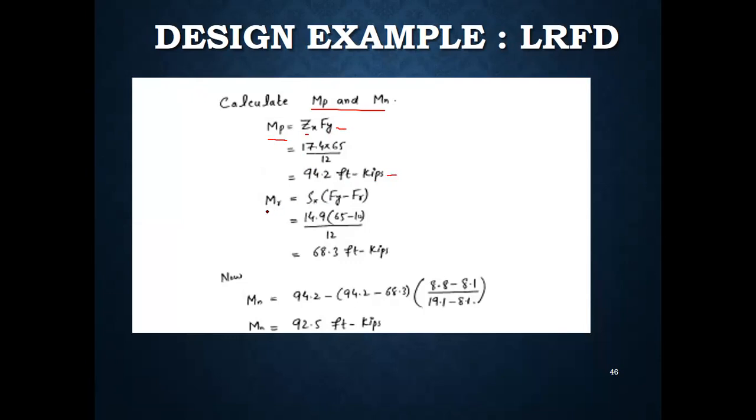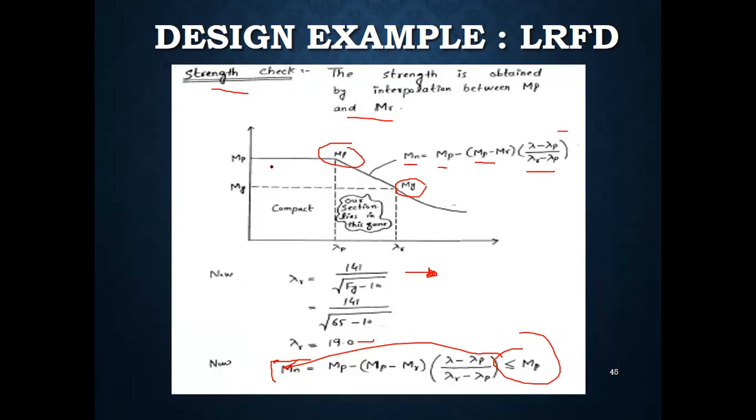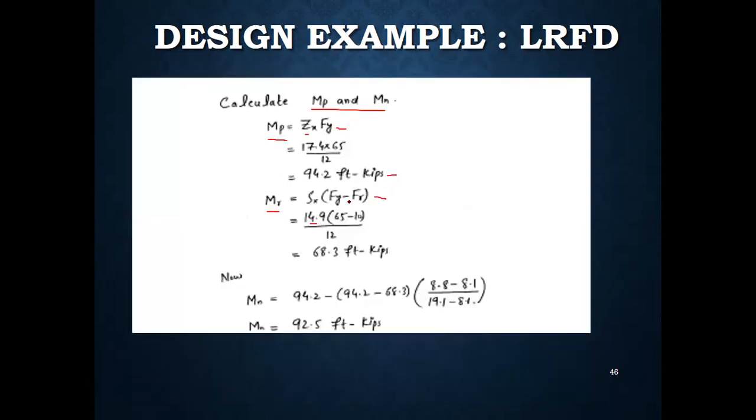Similarly, the value of Mr, the resisting moment, is equal to the section modulus Sx times Fy minus Fr. So it becomes 14.9, the section modulus for this section selected previously, multiplied by 65 minus 10, where 10 is the value of Fr, the residual stress.